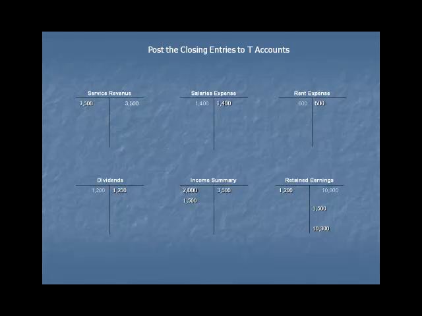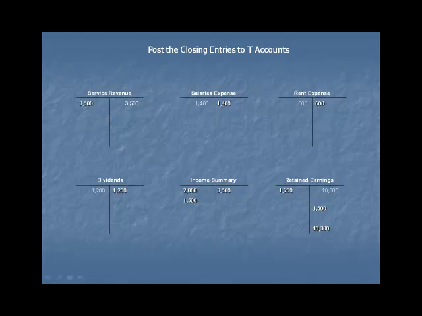The second entry credited salaries expense and rent expense and debited income summary. The third entry closed the income summary by debiting $1,500 to income summary and crediting retained earnings for $1,500. The next entry closed dividends, so we credited dividends $1,200 and we debited retained earnings $1,200.